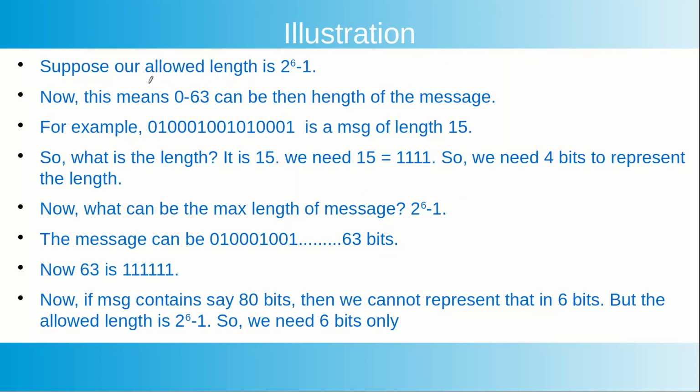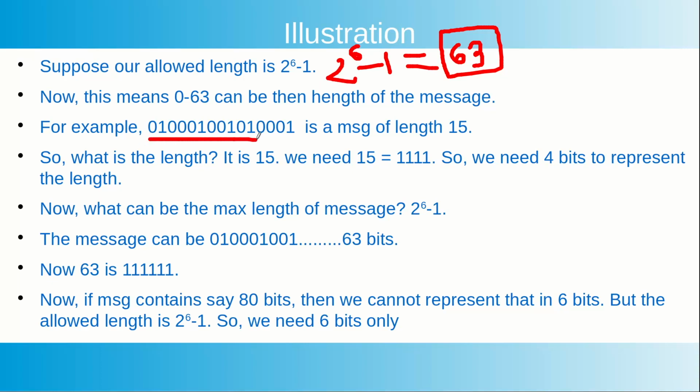Suppose the allowed length is 2 to the power 6 minus 1, that means 63. So in some hash algorithm, the maximum text length allowed is 63 bits. You cannot take a text which is longer than 63 bits, that means you cannot take a text which is 80 bits or 90 bits long.